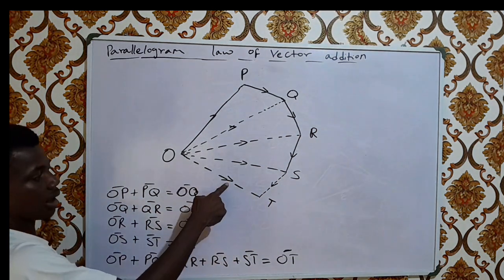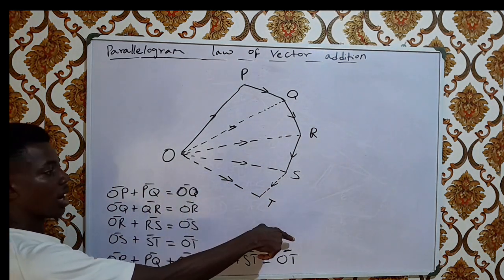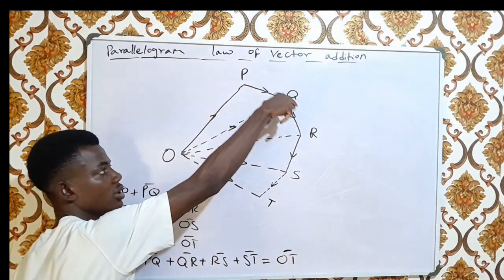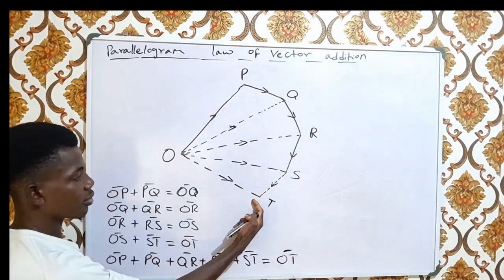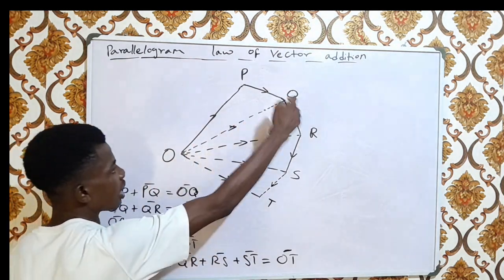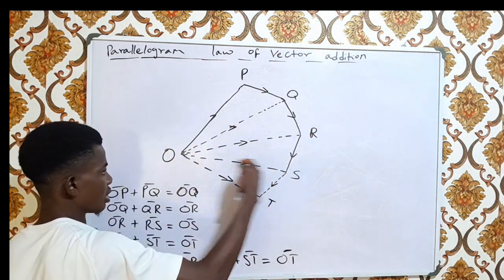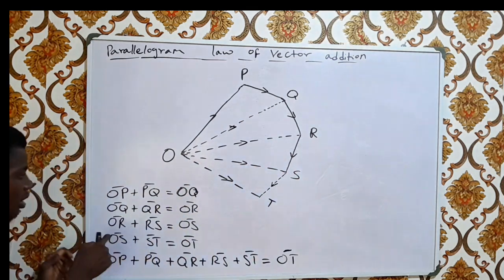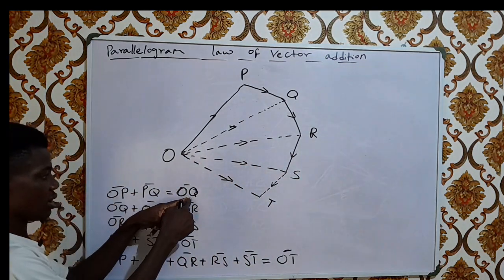Till coming back, they meet this one coming out. So the addition of all this will give us what? This. Because if you watch carefully, this plus this gives you this.